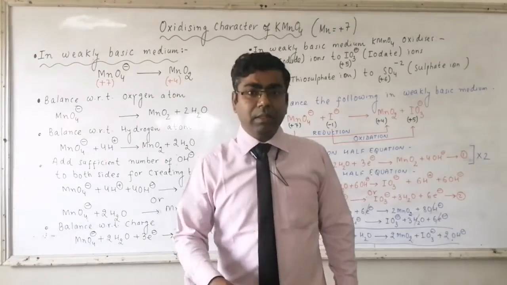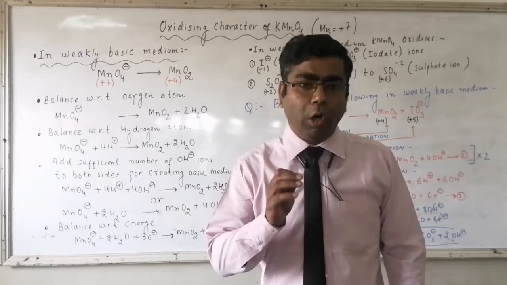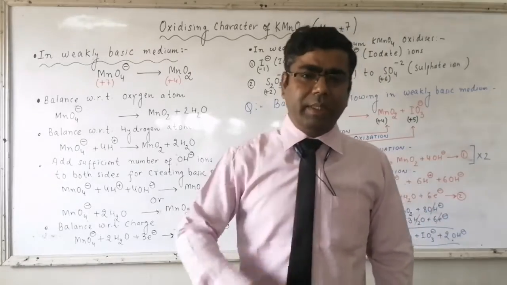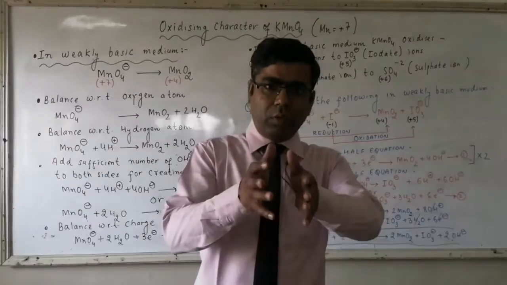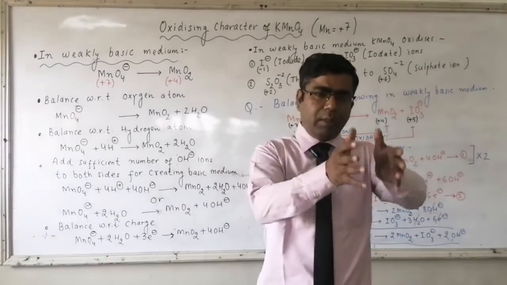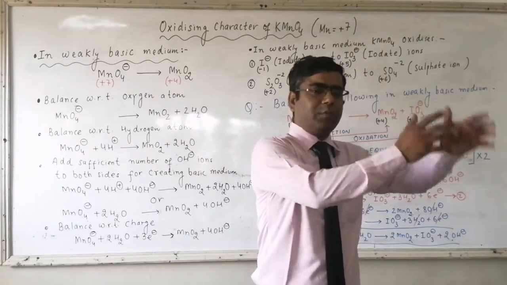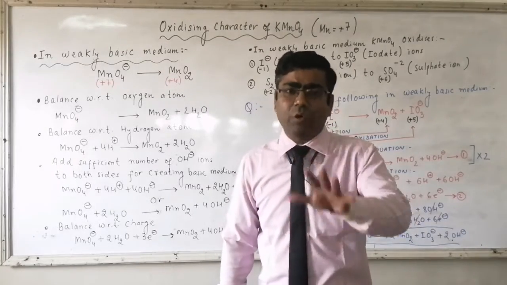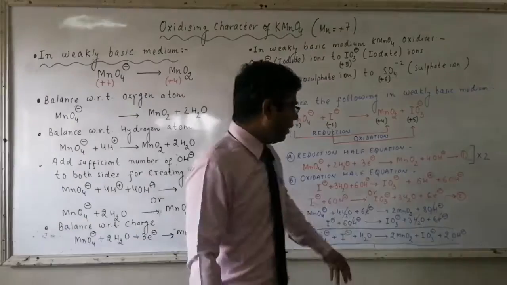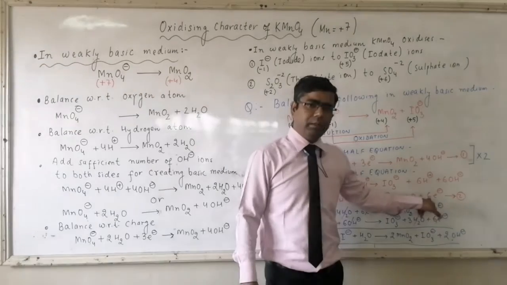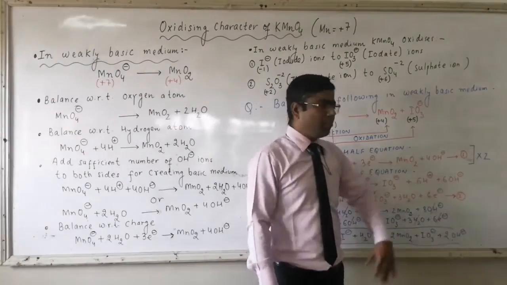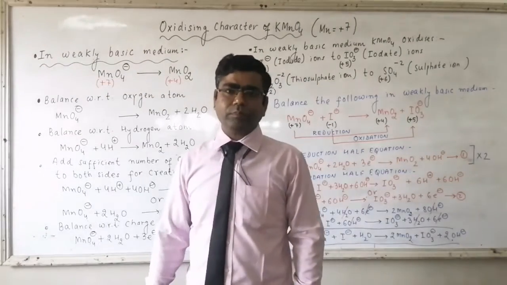It means a total loss of 6 electrons. -1 to 0, 0 to +1, +1 to +2, +2 to +3, +3 to +4, +4 to +5. Total 6 electrons will be removed. So here I have added 6 electrons on the product side. Mark it equation number 2.